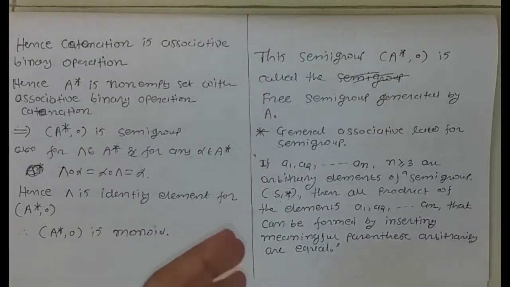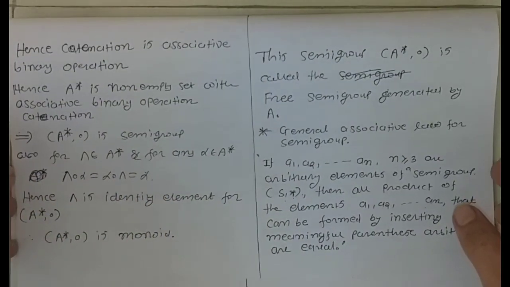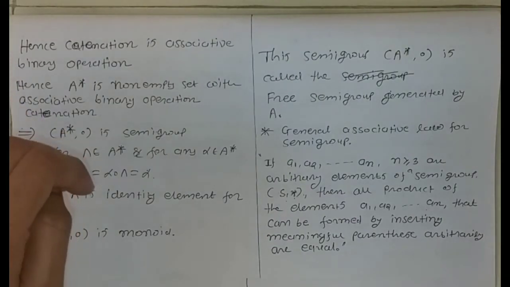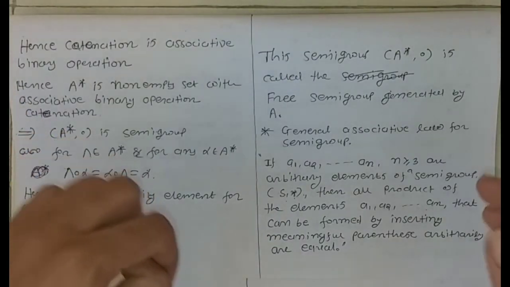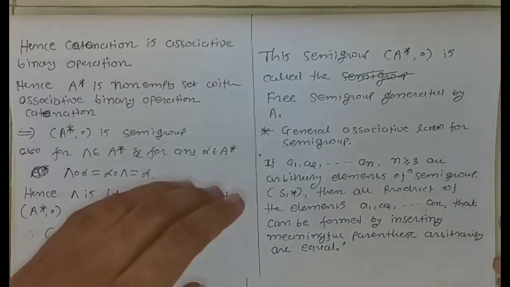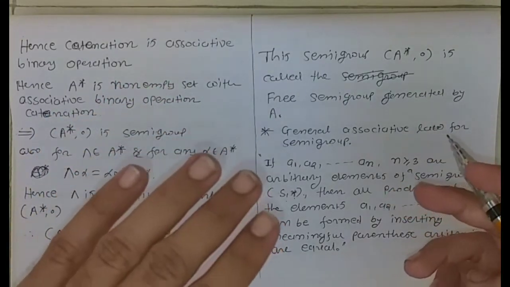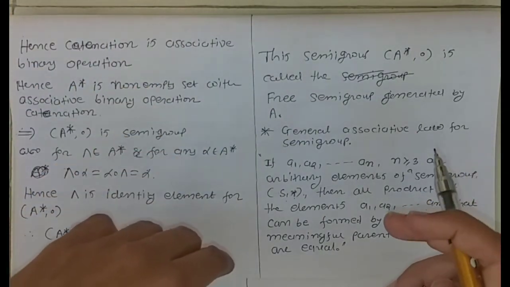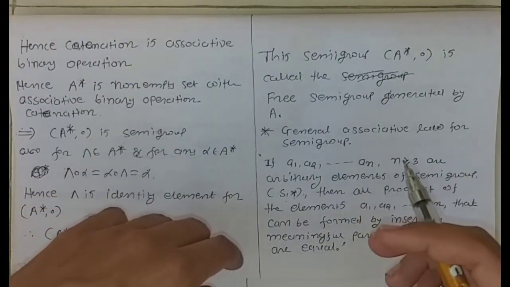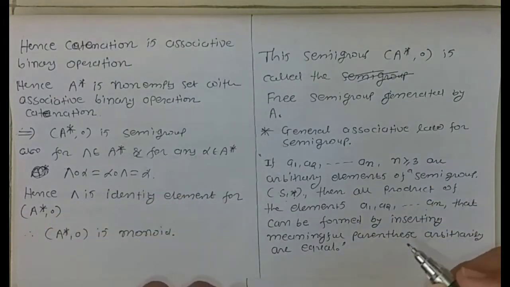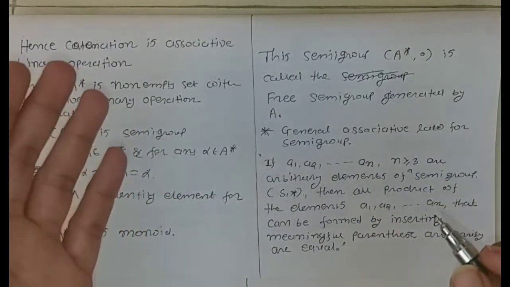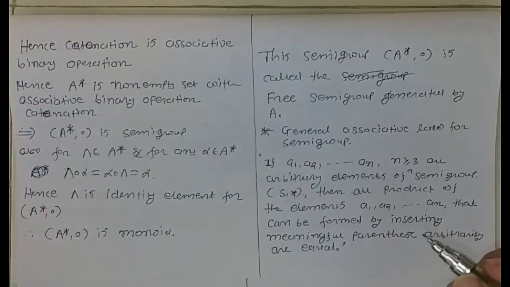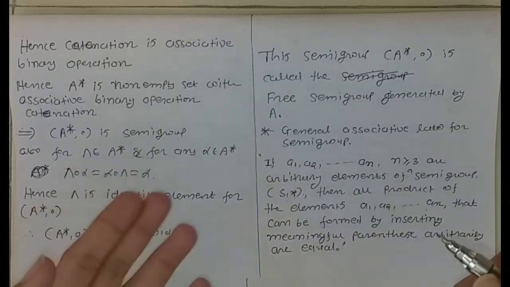So in this lecture we have discussed the free semigroup generated by set A. For this we have considered a non-empty set, then we have considered the set A star consisting of all finite sequences from the symbols of set A. Then we have defined the name of these sequences, we can say a string or a word. Also we define the empty sequence, that is the sequence with no symbols.